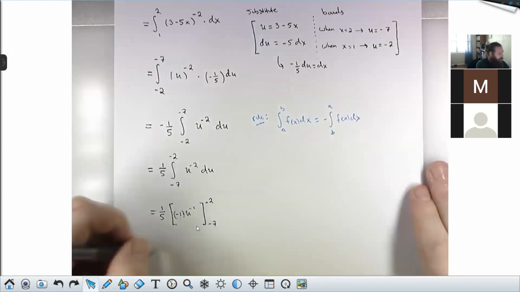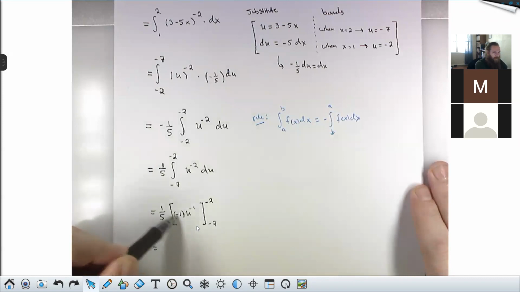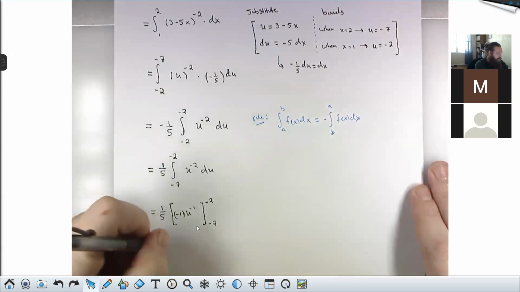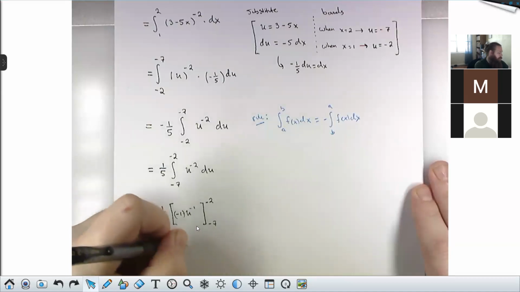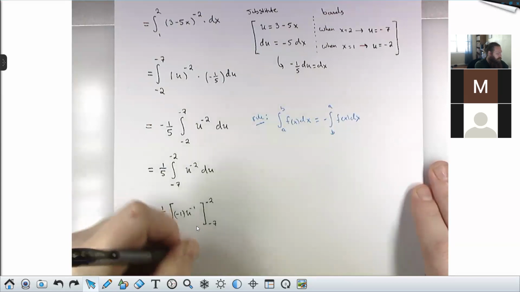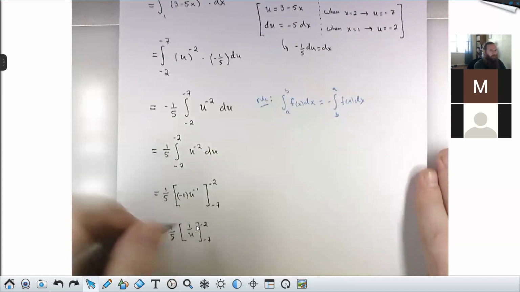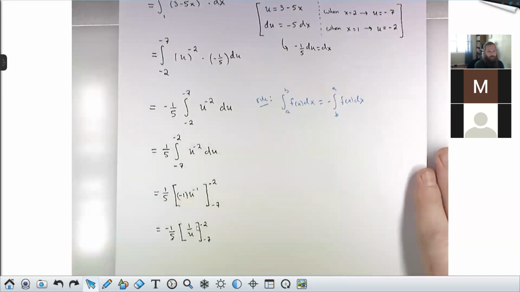Okay, I can do a handful of things here. This -1 can pop out, making the 1/5 outside negative once again. And then u to the -1, that's just 1 over u. So it might make life a little bit easier if we rewrite it this way before we plug in the bounds.